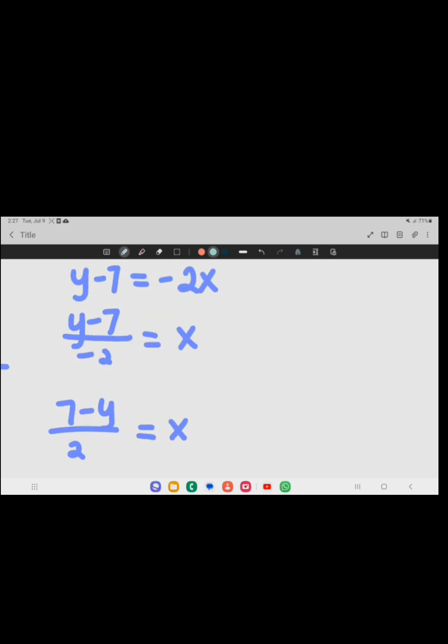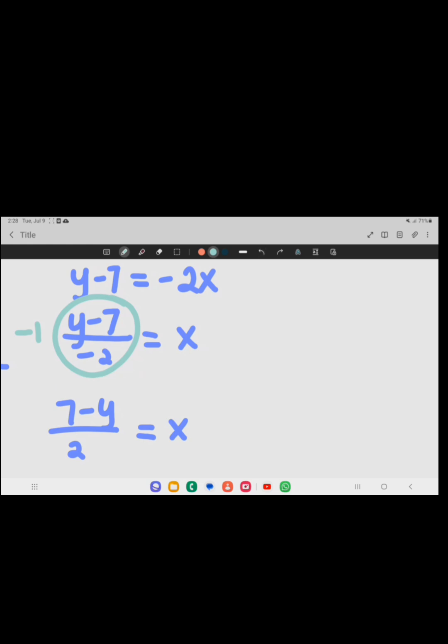If you guys don't understand how it becomes like this, it's very simple. Because there is a negative 2 at the denominator, and I don't want the negative to be at the denominator, what I do is I just multiply the entire thing with negative 1, but not the x. Just multiply this thing with negative 1.